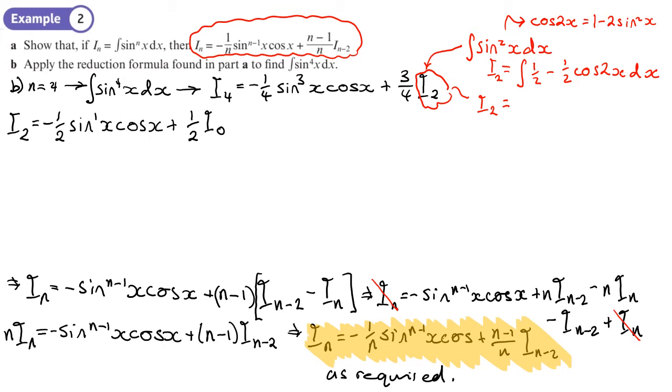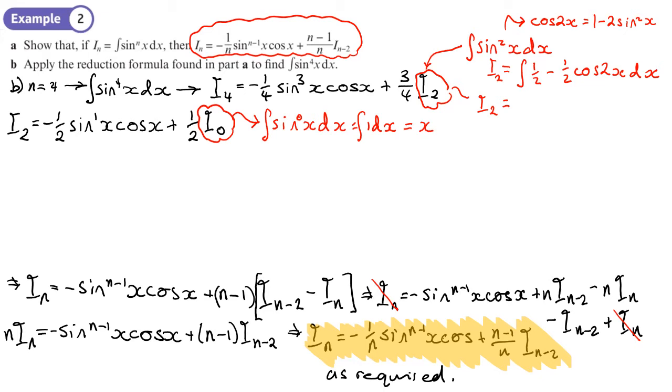Now this is even something easier to integrate, because I sub 0 is integrating sine to the power 0 x, and anything to the power 0 is 1, so it's just integrating 1, so it just becomes x plus c, or just x.